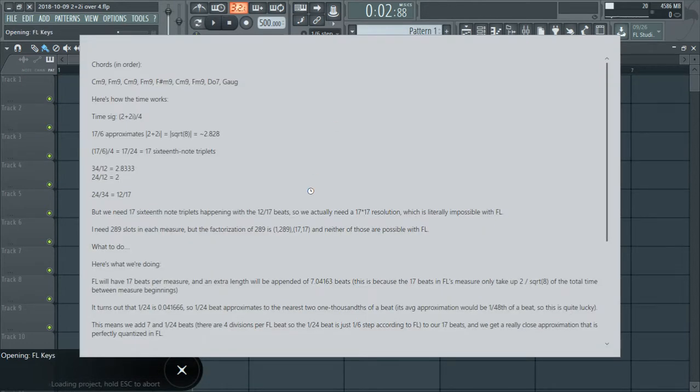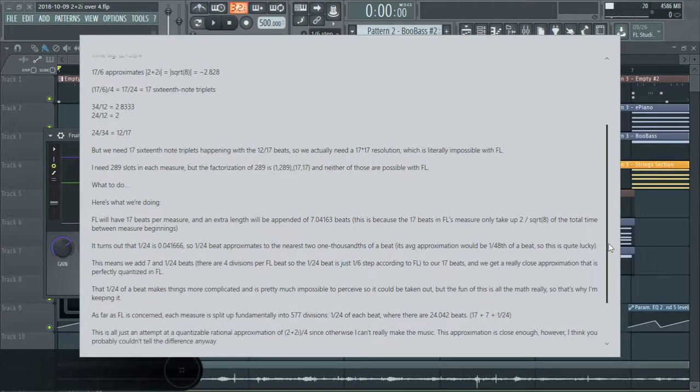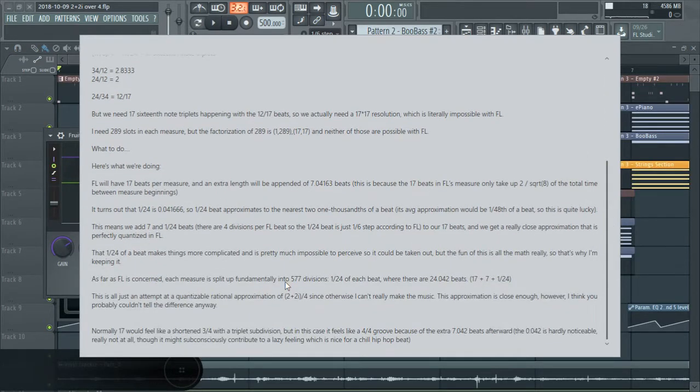All right, and then yeah, that's about it. You kind of understand how I implemented that into FL now. But as far as FL is concerned, each measure is split up fundamentally into 577 divisions, 1/24th of each beat, where there are 24.04 beats.